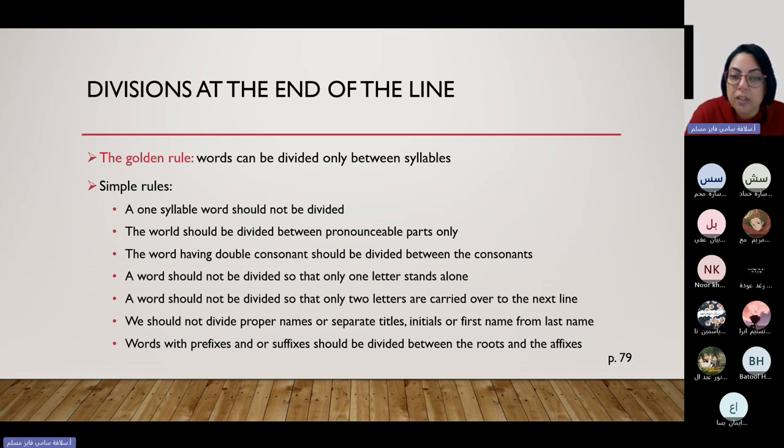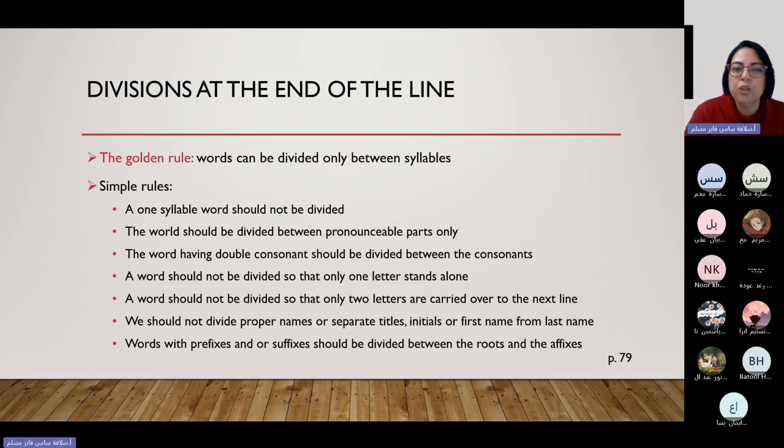A word should not be divided so that only two letters are carried over to the next line. If we are dividing a word and only two letters are left at the end, we shouldn't put a hyphen there.